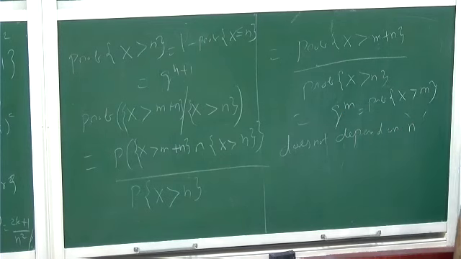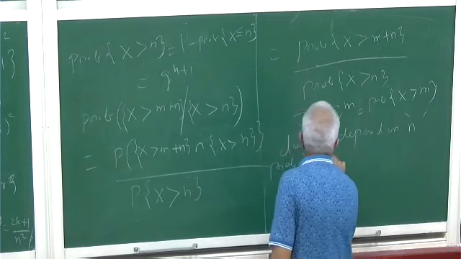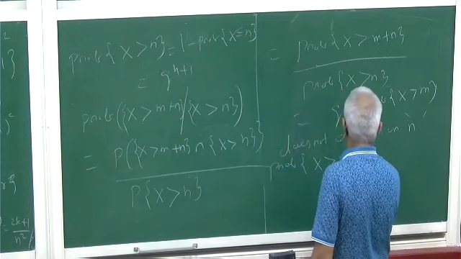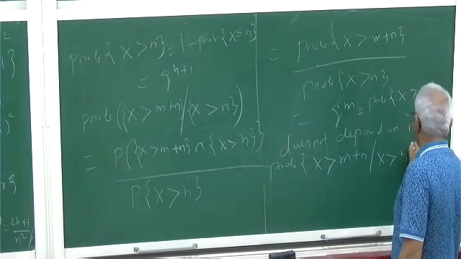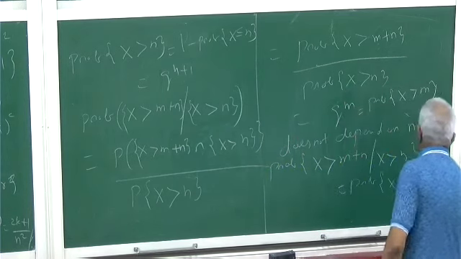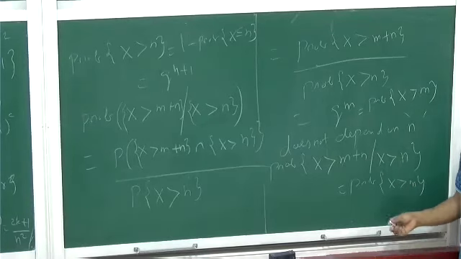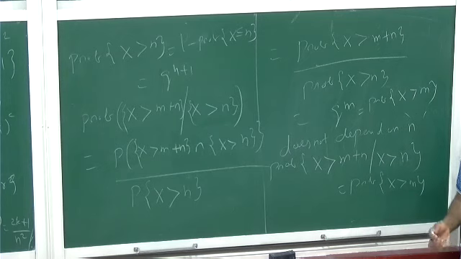So what we got is: probability of x greater than m plus n given x greater than n is equal to probability of x greater than m. It is like starting from n. This is called the forgetfulness property or the memoryless property of this random variable. This random variable does not remember what happened at the nth stage.